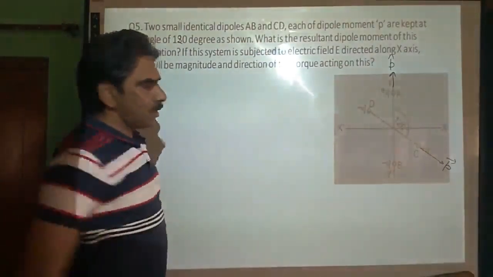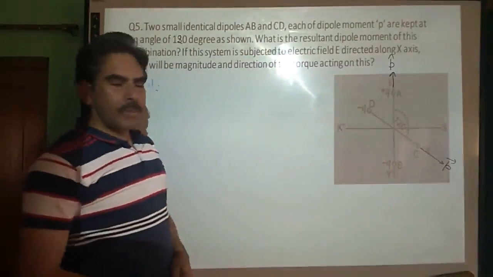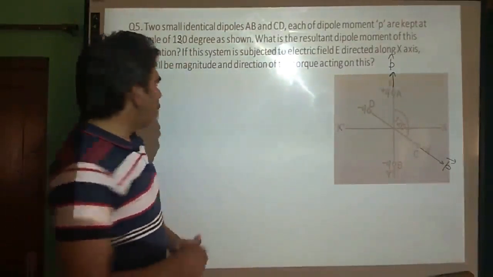Two dipole moments are vector quantities. Their resultant can be found by the parallelogram law of vector addition.